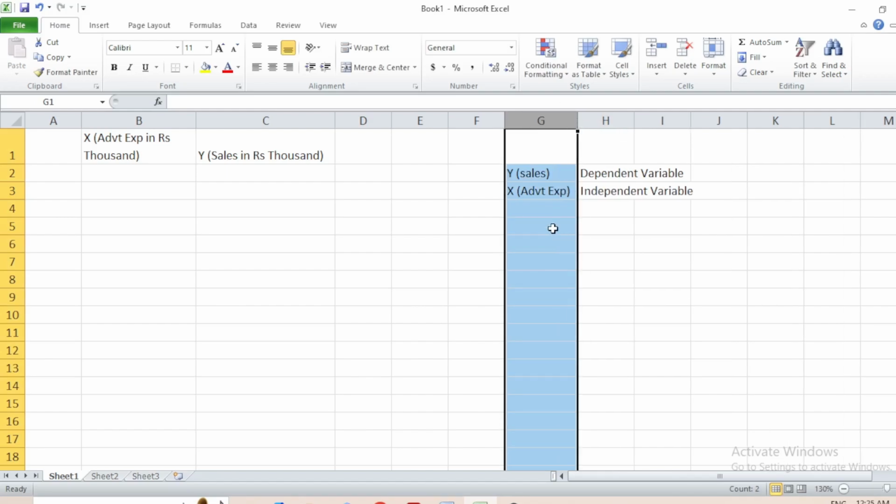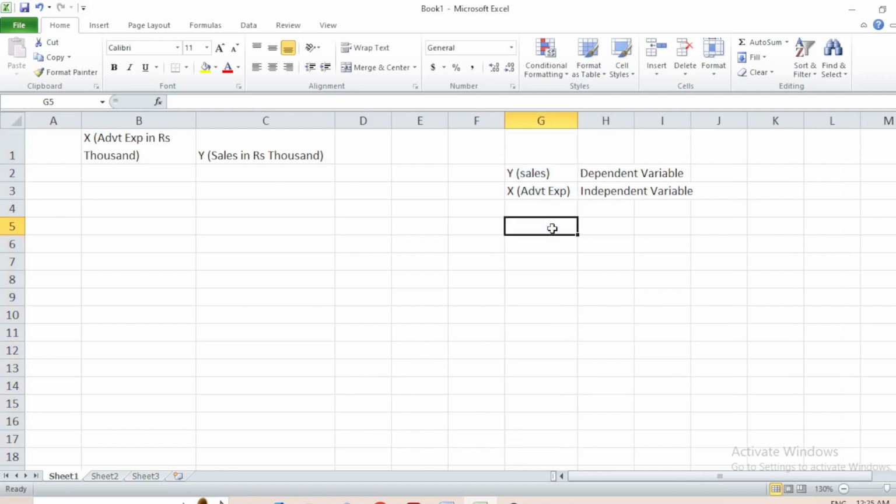So basically the management is interested in finding the equation y on x. Remember, y on x equation is being given by y is equal to a plus b x, where a is the intercept and b is the slope of the equation.